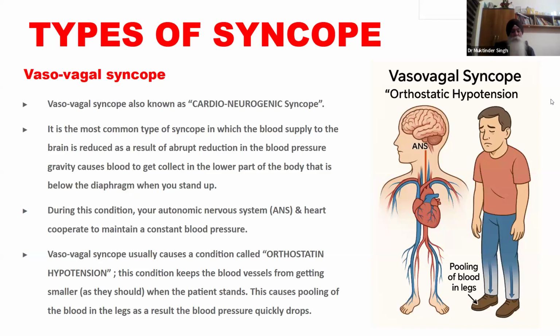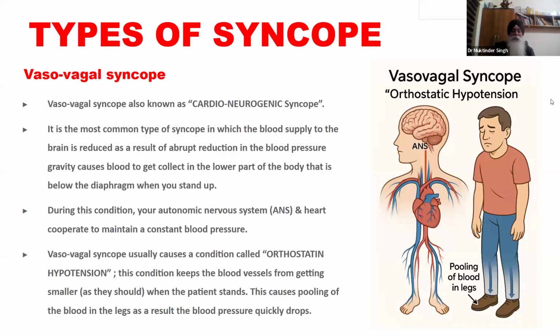During this condition, your autonomic nervous system and heart cooperate to maintain a constant blood pressure. But vasovagal syncope usually causes what is called orthostatic hypotension. Ortho means position of the body, static means not in motion, and hypotension means sudden loss of blood pressure.